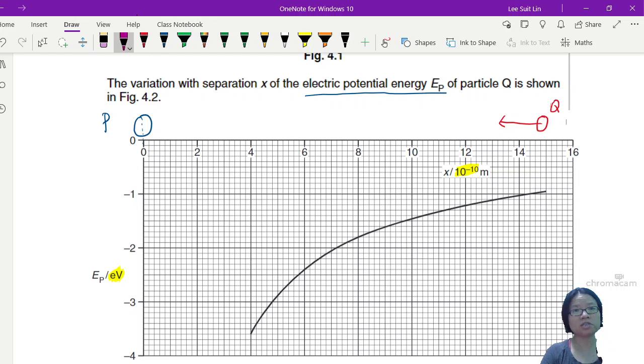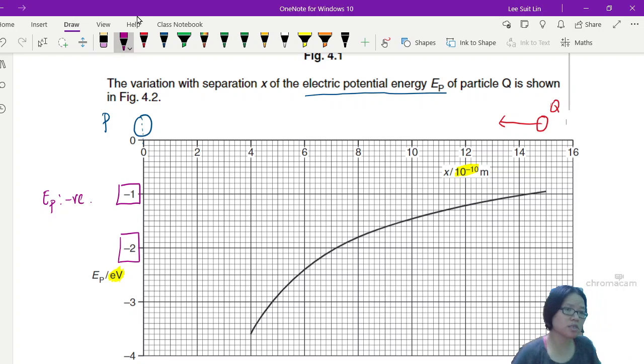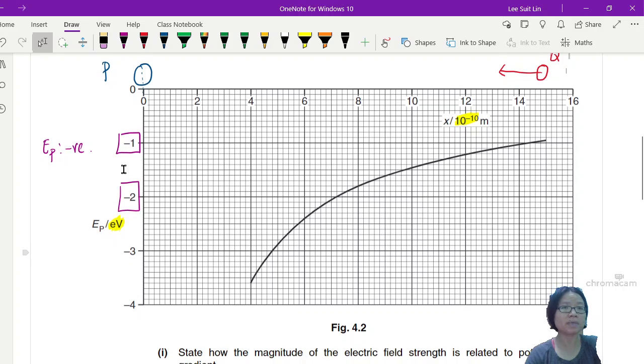Okay, so just a sidebar, whenever your potential energy is negative like this, what does this tell you? It tells us about who is doing the work. Is it the particle that's doing the work, or is it the field of P that is doing the work? So think about it this way.